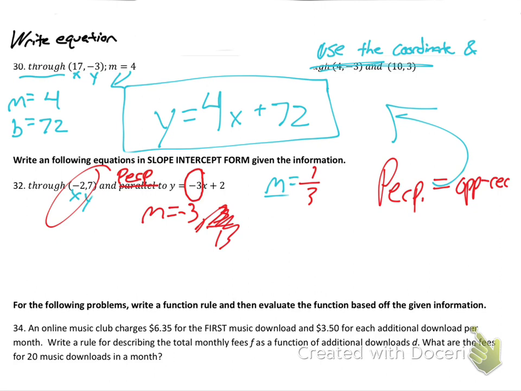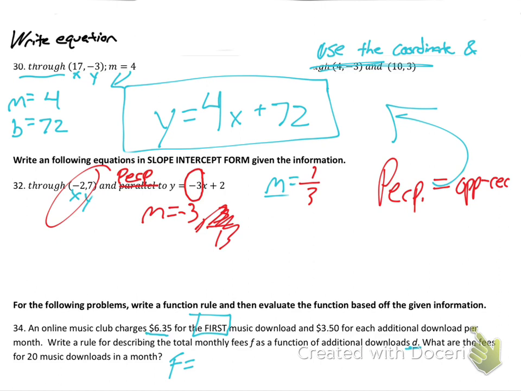All right, word problem. All right, an online music club charges $6.35 for the first music download and $3.50 for each additional download per month. Write a rule, which means an equation, for describing the total monthly fees as F. So we know that it's going to be F equals, and the downloads D. What are the fees for 20 downloads a month?